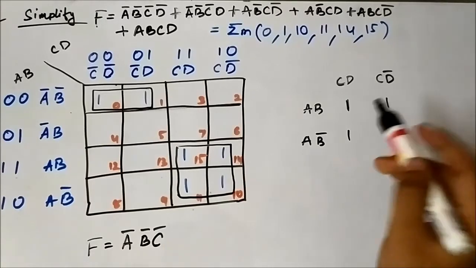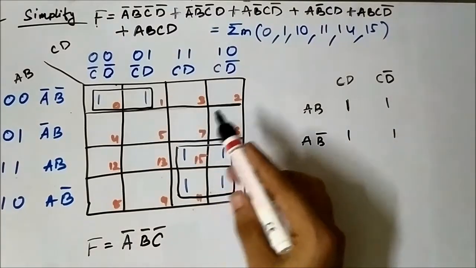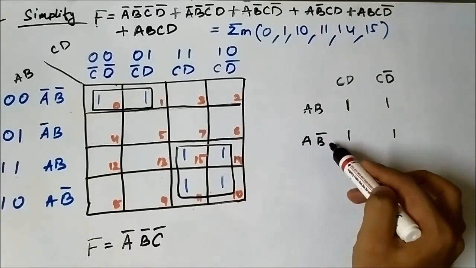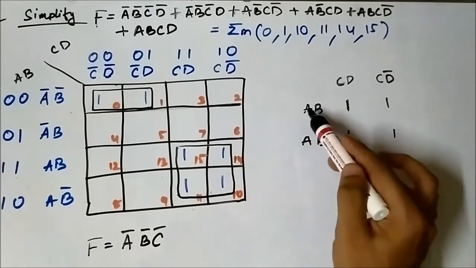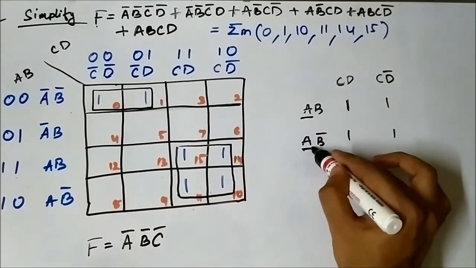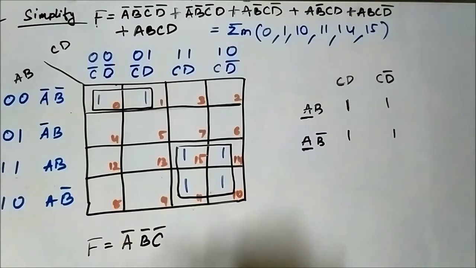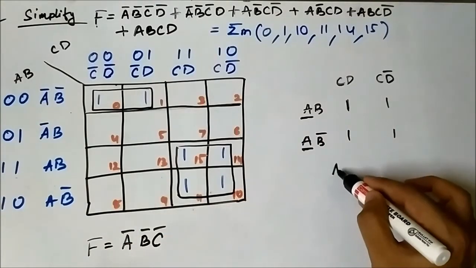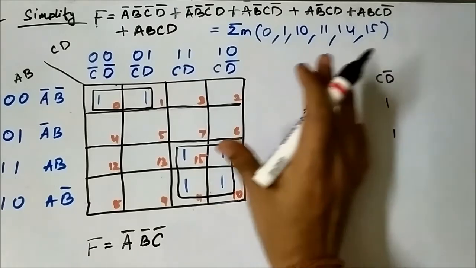Now we have to find the common variables. In the horizontal side we have AB and AB bar, so in both the horizontal components A is common. So one of the common variables is A in the horizontal side.